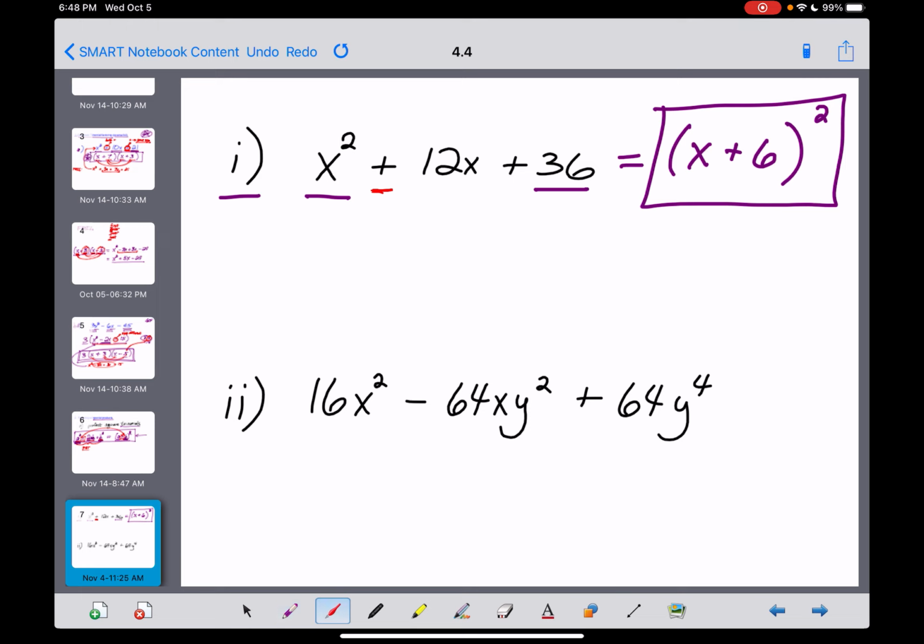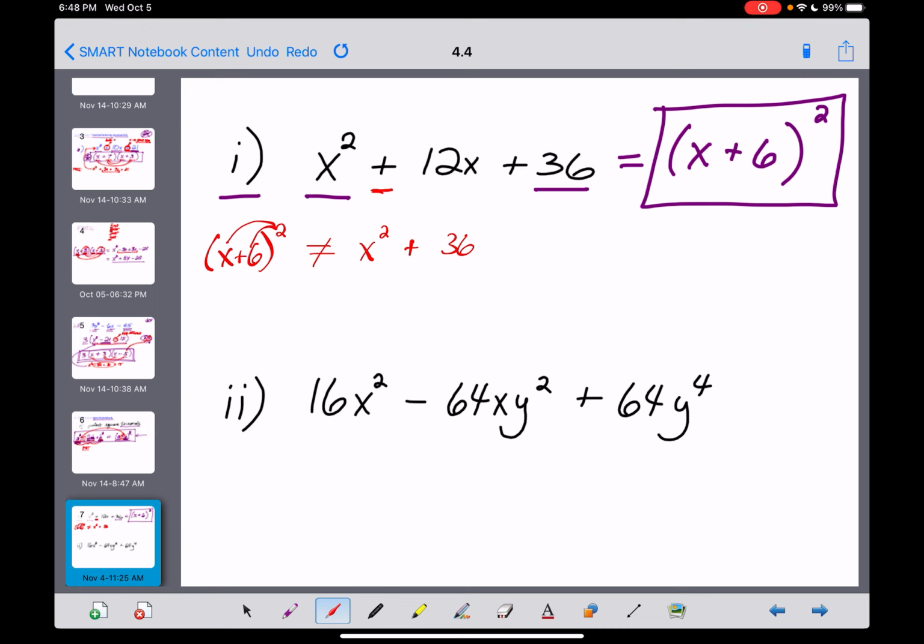Now, if you want to verify that, which I would think you might want to, we could take x plus 6, square it, and multiply it out. But I got to warn you guys, this is maybe the most common mistake that people make in Algebra 2. A lot of people think that this is equal to x squared plus 36. They just distribute that exponent inside there, but that is not right, everybody.